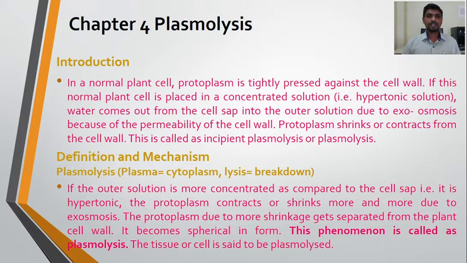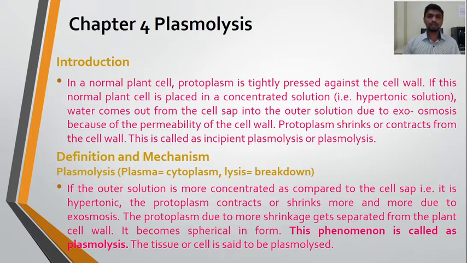Introduction to plasmolysis. In a normal plant cell, the protoplasm is tightly pressed against the cell wall, and if this normal plant cell is placed in a concentrated solution, that is a hypertonic solution, water comes out from the cell sap into the outer solution due to exoosmosis.